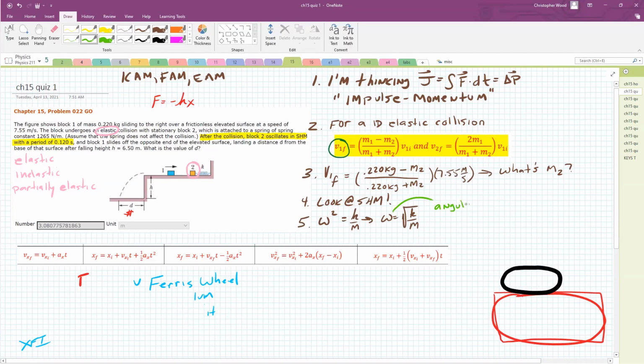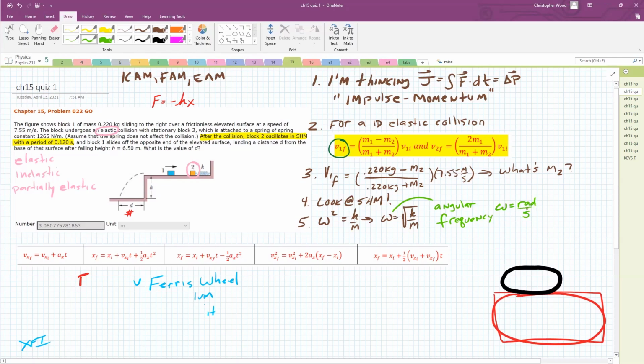And this could be confusing. You would kind of be correct to say, why do we have to use a different name? And it's because we're talking about simple harmonic motion. Angular frequency, not angular velocity, angular frequency. And one way to remember that, this helps me. What are the units for omega? Omega is radians per second.